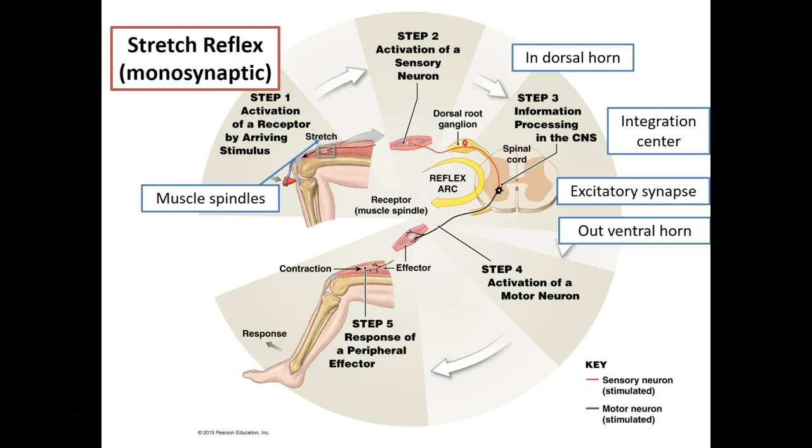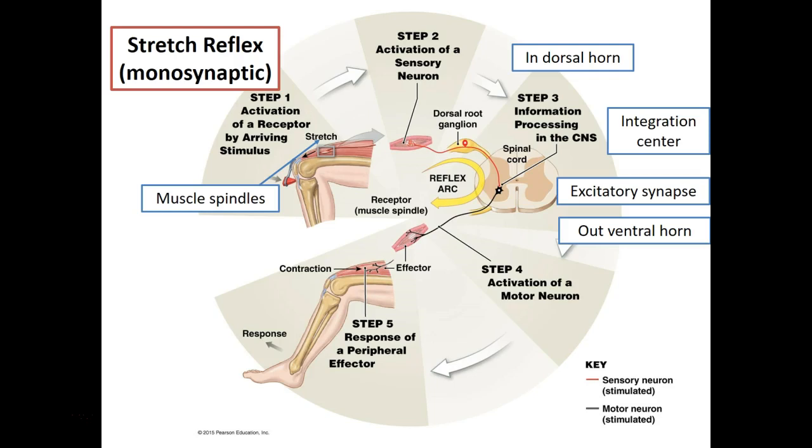So here we have muscle spindles that are activated. They're sending sensory information. Remember what part of that spinal cord gray matter is it coming into? It's going to be the dorsal horn, and it's going to go through what root? The dorsal root, right? And then it is going to be integrated.